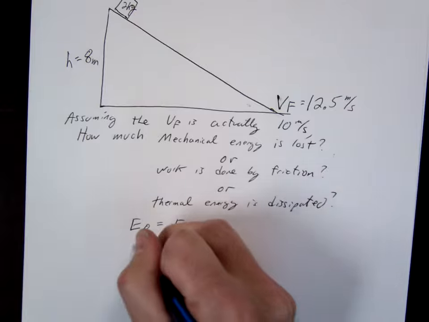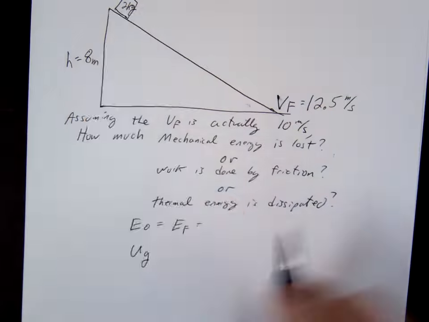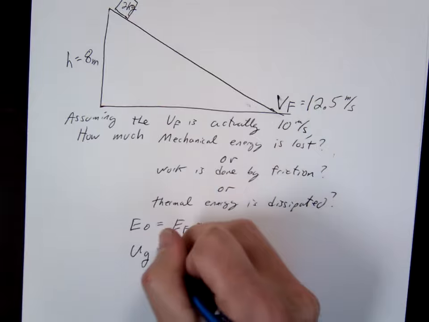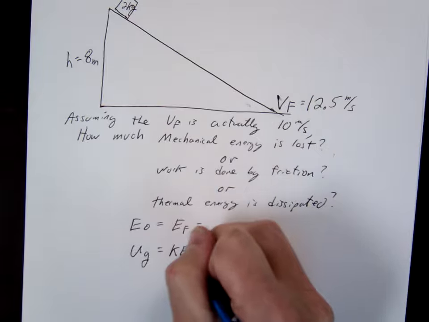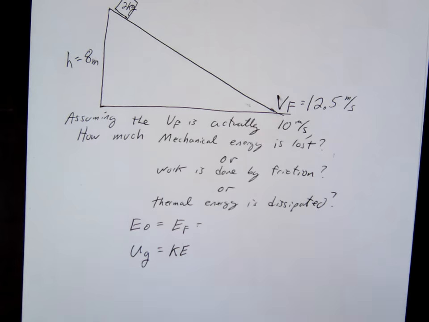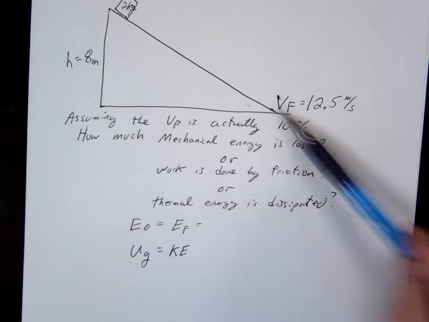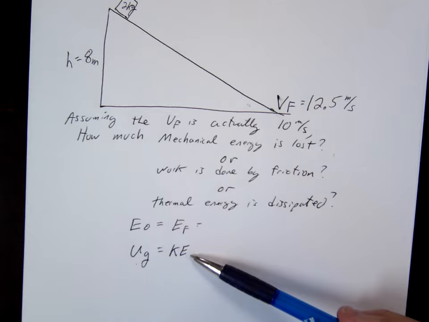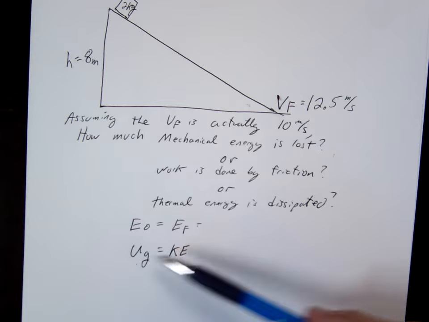Potential. And how much energy are we going to have at the very end? Kinetic, right? And this is what you just did. You did this, UG equals KE, and you found a VF to be 12.5. Well, we're saying the VF is not 12.5, which means this is going to be less than this.